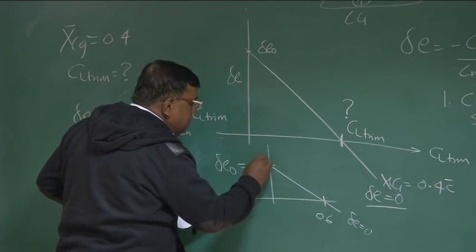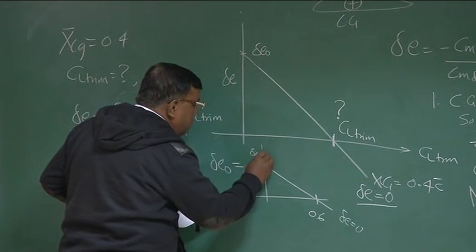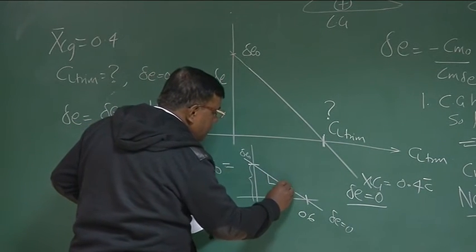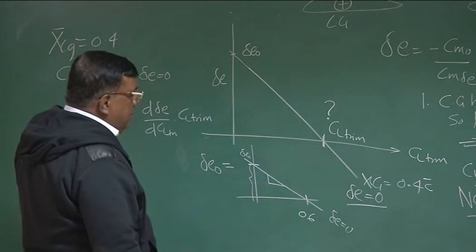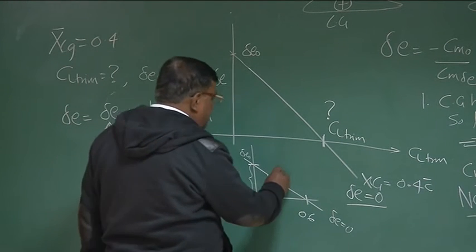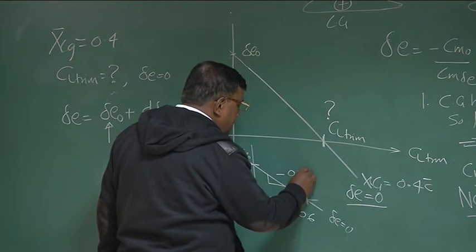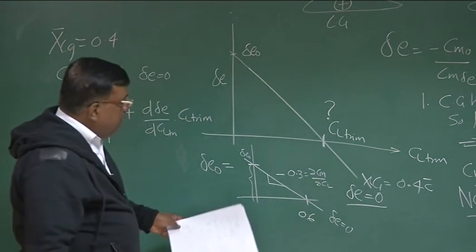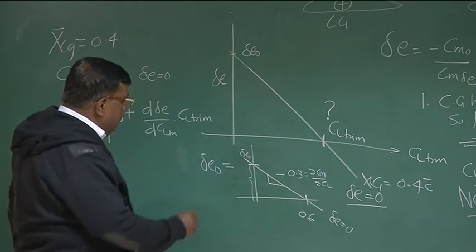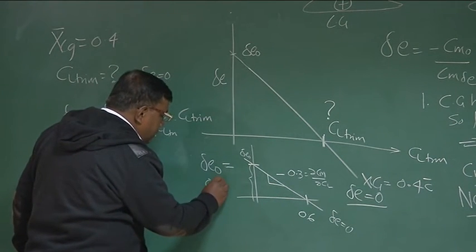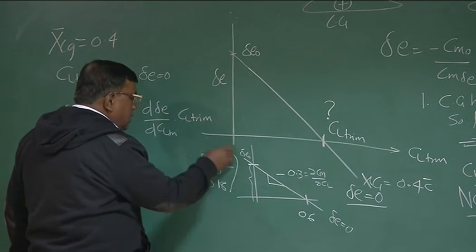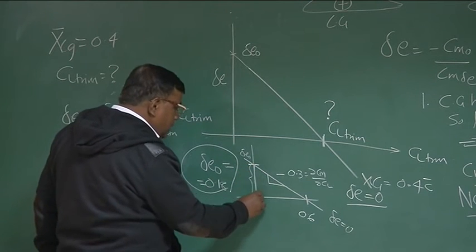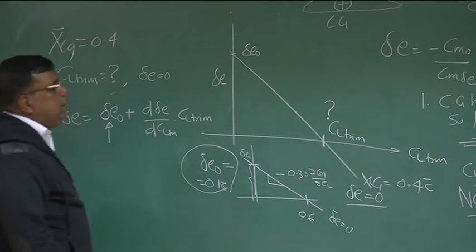So this is basically delta E naught, and this delta E naught by geometry could find that, and since this slope d delta E by dCL trim is minus 0.3, that was given from the first case, I can easily find out that this delta E naught value is 0.18. That is 0.6 into 0.3. That is, it will be this delta E naught.